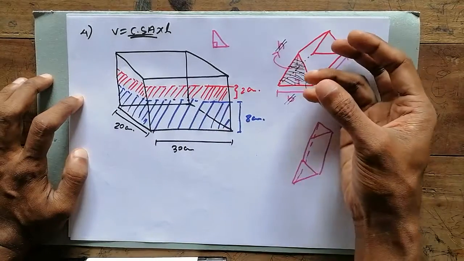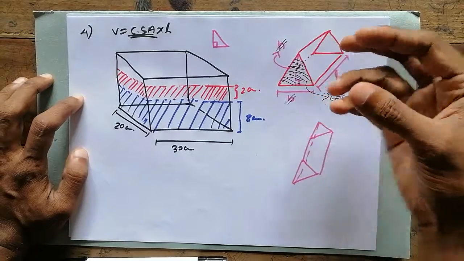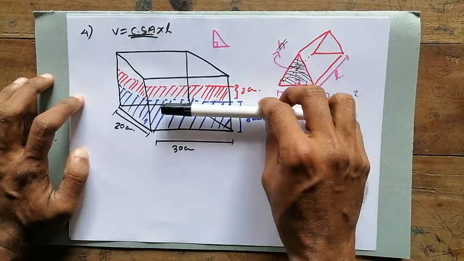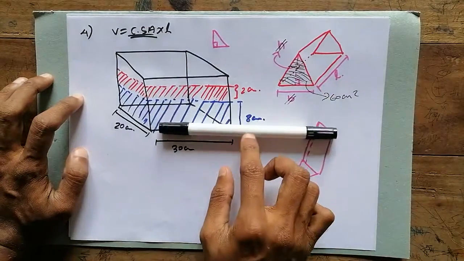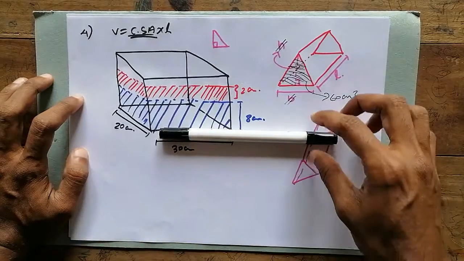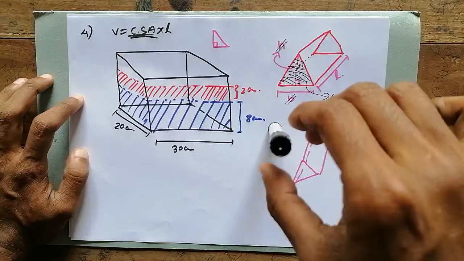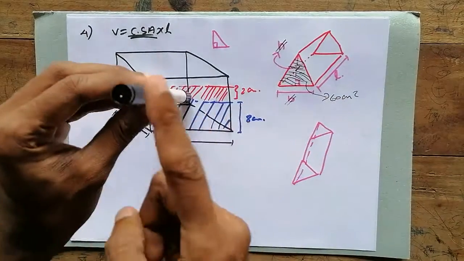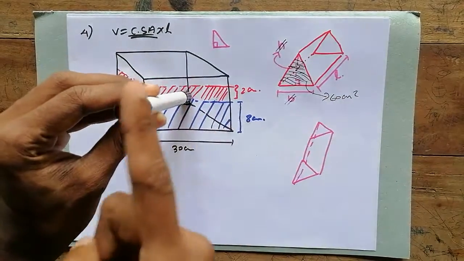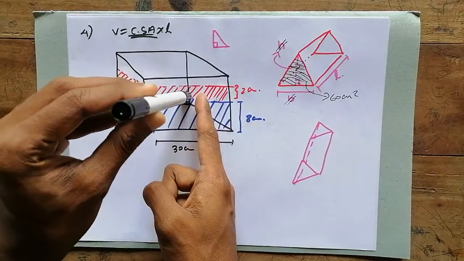If you keep it vertically, like this marker, the length is called the height.